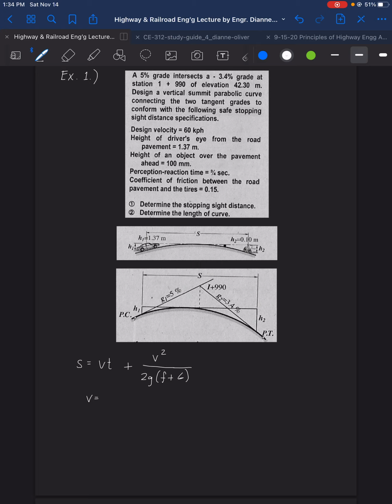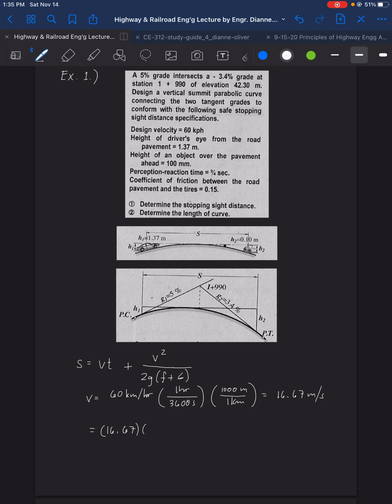Given our design velocity of 60 kilometers per hour, we will be multiplying it by 1 hour over 3,600 seconds, and 1,000 meters in 1 kilometer, and that is equal to 16.67 meters per second.